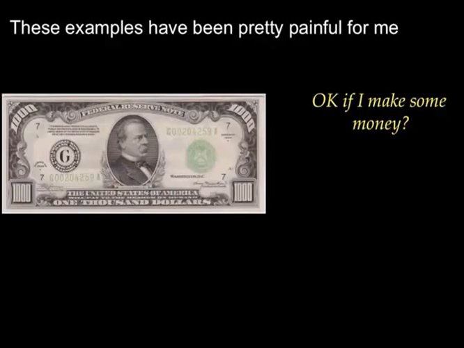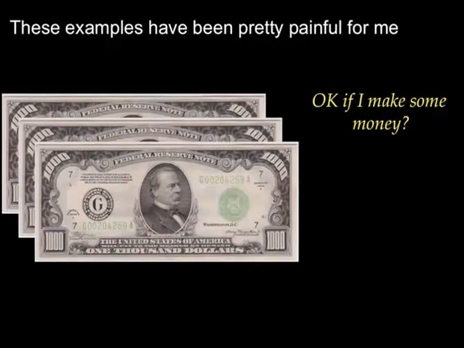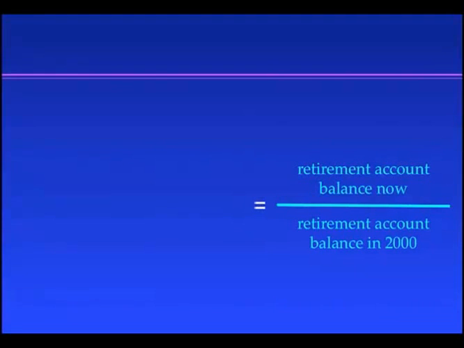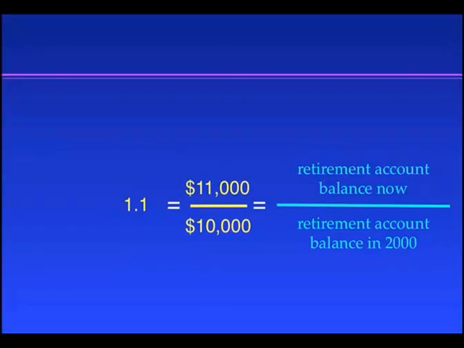These examples have been pretty painful for me. Okay, if I make some money, let's say my retirement account balance now is $11,000, while my retirement account balance in 2000 was $10,000. That leads to a ratio of 1.1. What's my percentage gain?